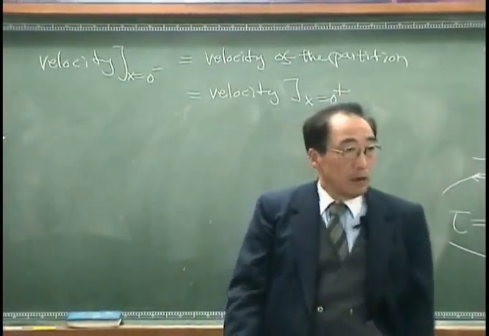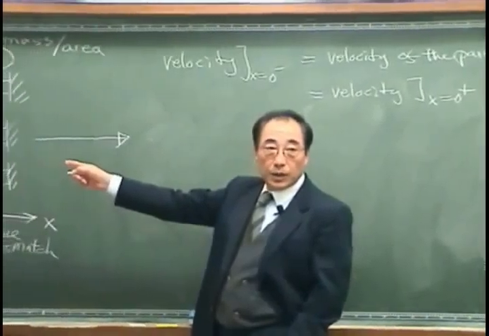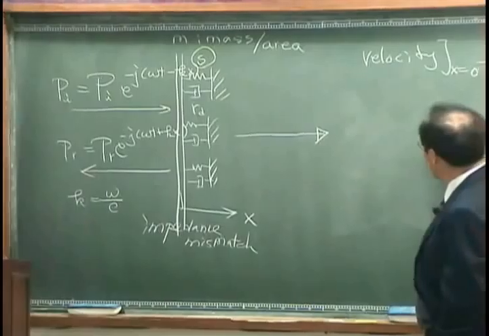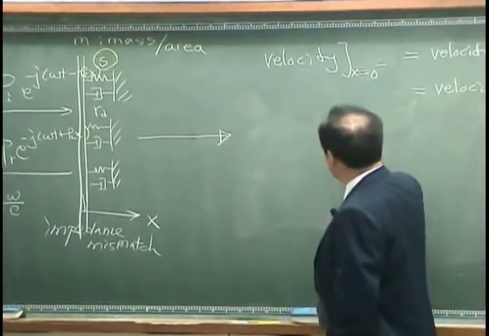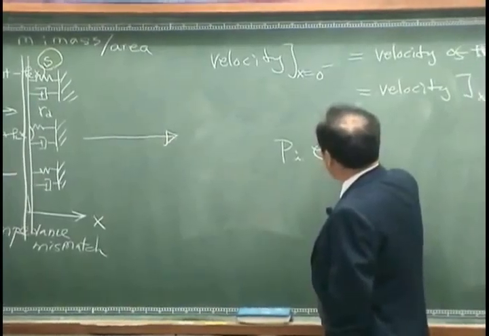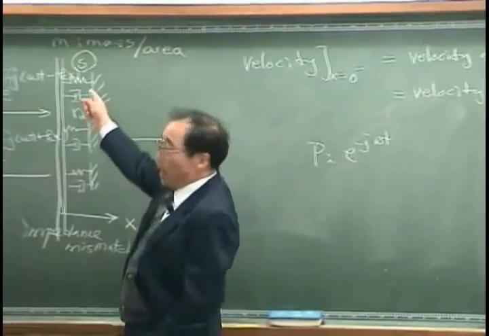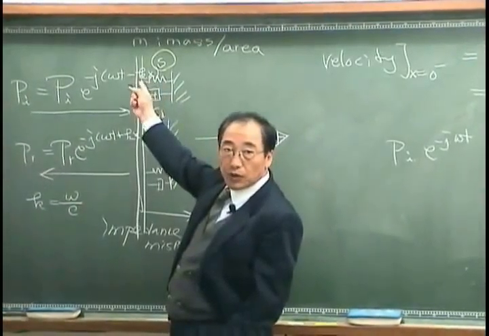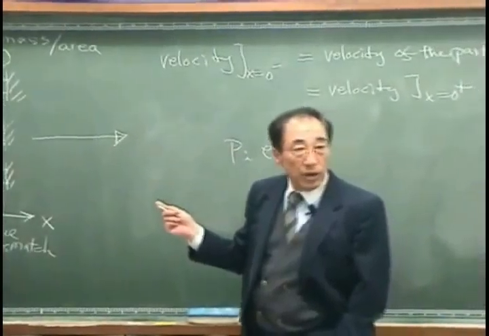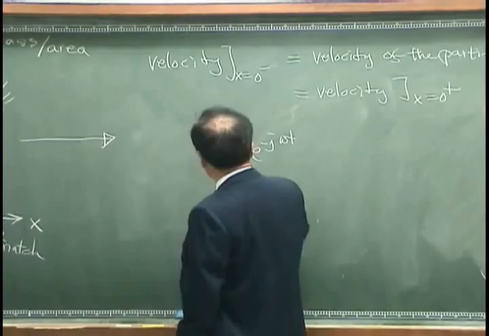Okay? What is the velocity of the fluid particle over here? That is p_i exponential minus j omega t. I put x equals 0 over here. That is the pressure due to the incident wave, divided by rho 0 c.